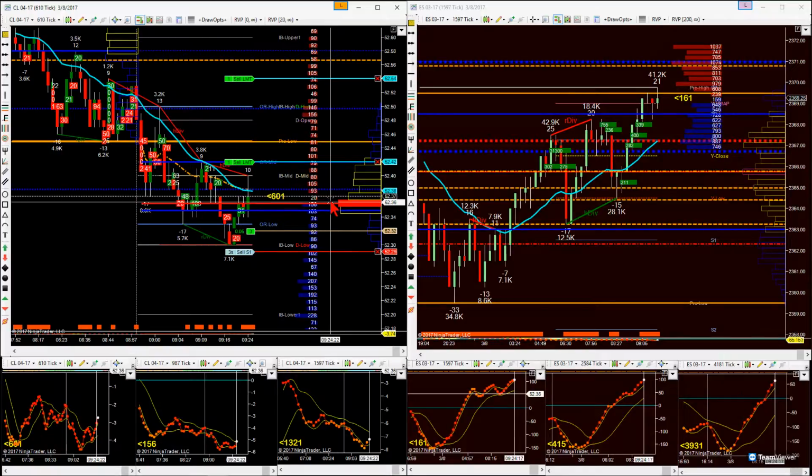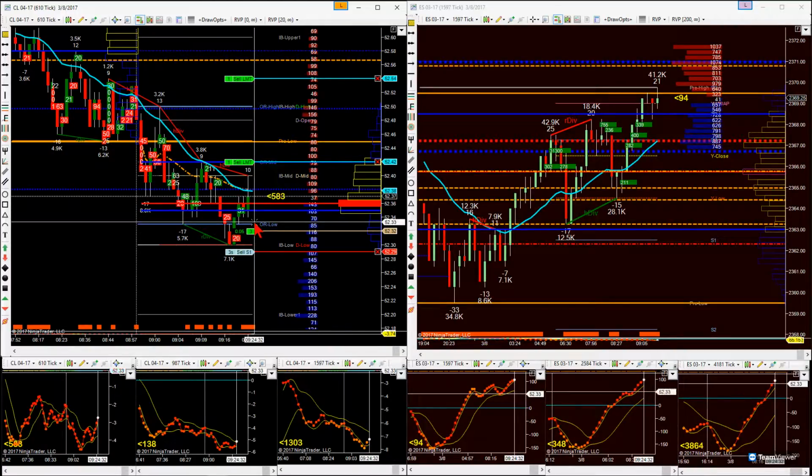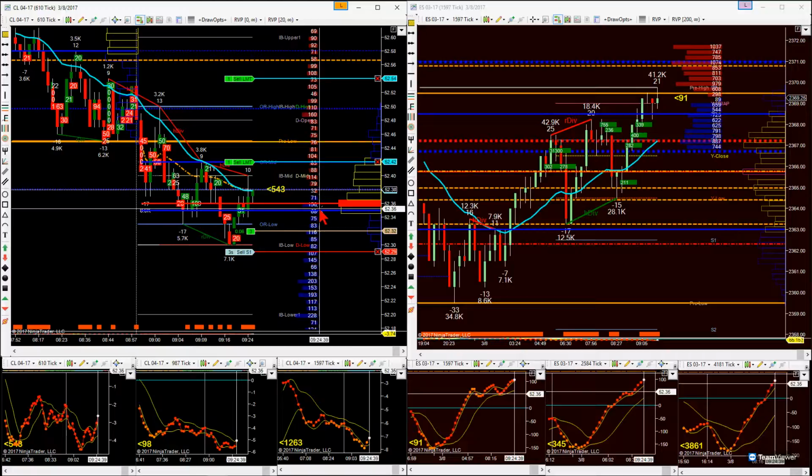But we got to see the bids come up. We got to see people adding contracts on the bid, and then we start trading the offers, and the offers lifting. So we see people coming on the bid. We see people right now adding to their bid size.